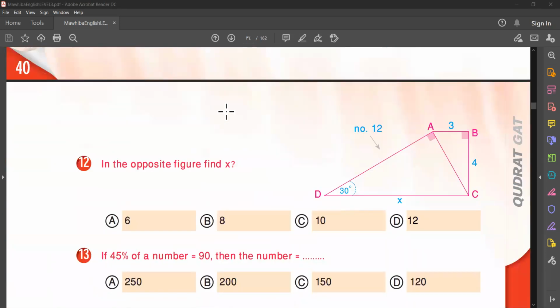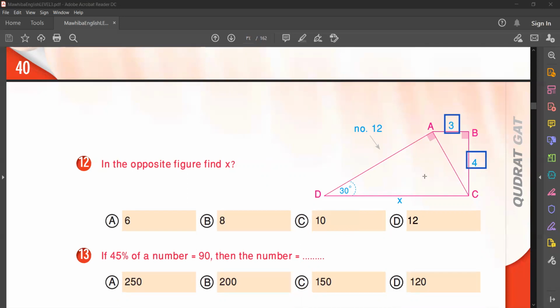Right. Now number 12. In the opposite figure, find x. How do I find x here? I have a right triangle. You must know how to work with a right triangle. I explained before, when they give me two numbers, you can find the third number.